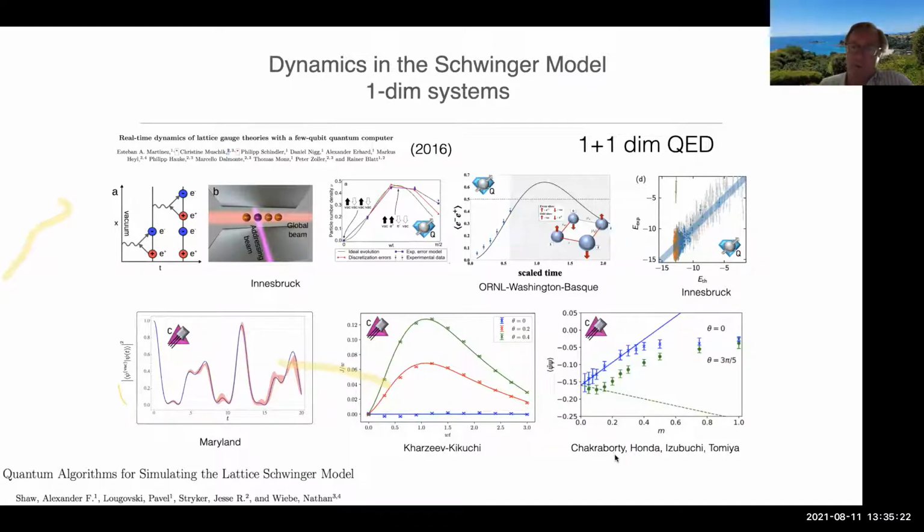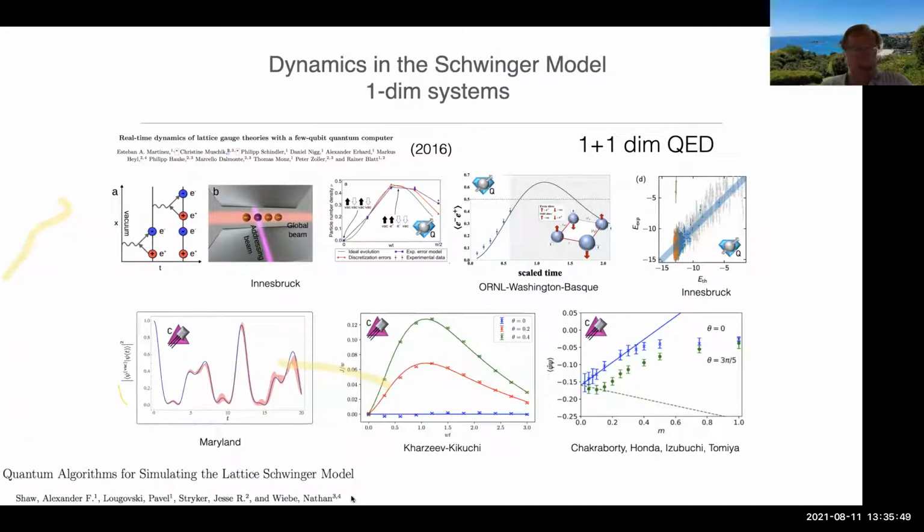There's also work by Chakrabarty, Honda, Tsubuchi, and Tomania with Brookhaven and Oxford, looking at identifying the ground state of the Schwinger model in the presence of a non-zero value of theta. For classical simulation, this introduces a sign problem, but as I mentioned before, for quantum simulation, it doesn't, and they were able to efficiently identify and solve on a simulator.